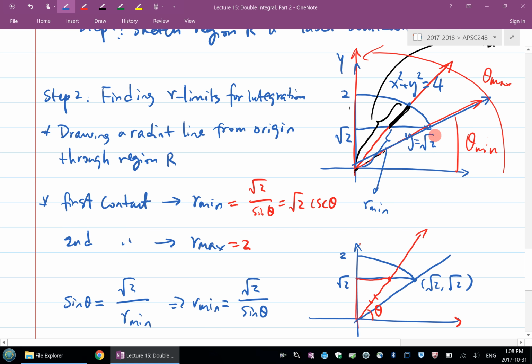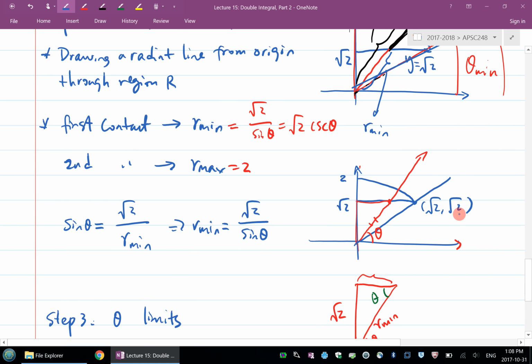So you substitute y equal to root 2 into the circle equation: root 2 to the power 2 is 2, and then you solve, you get x equal to root 2. So the coordinates for this corner point are root 2, root 2, and the theta angle corresponding to the line passing through the point is 45 degrees. Is that good? Yes. Last question.